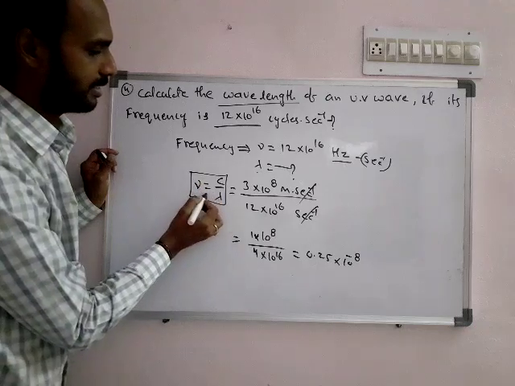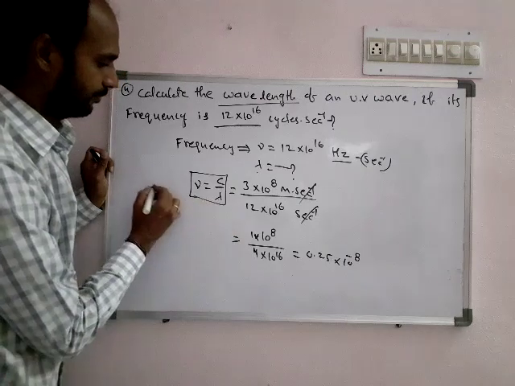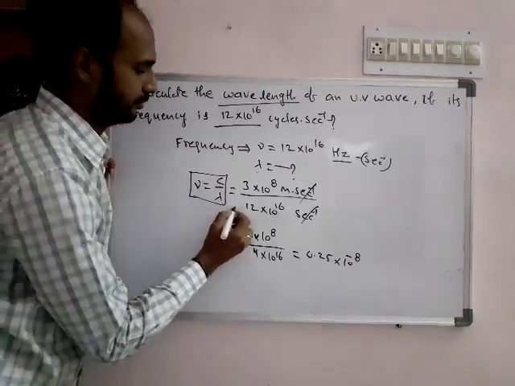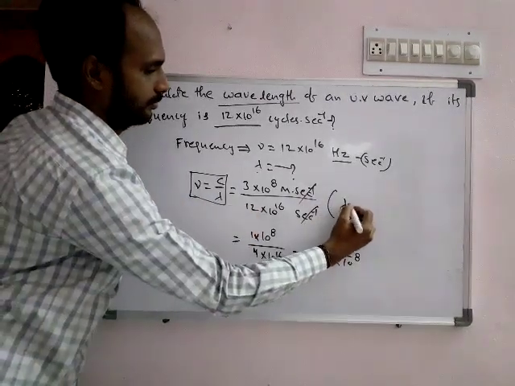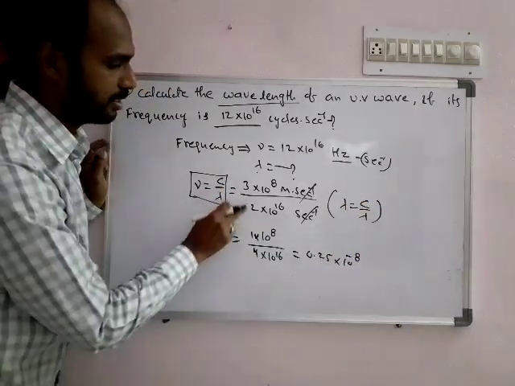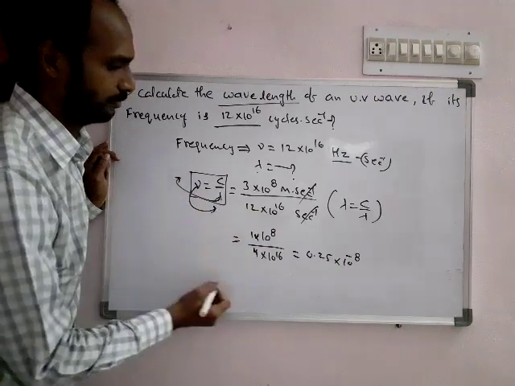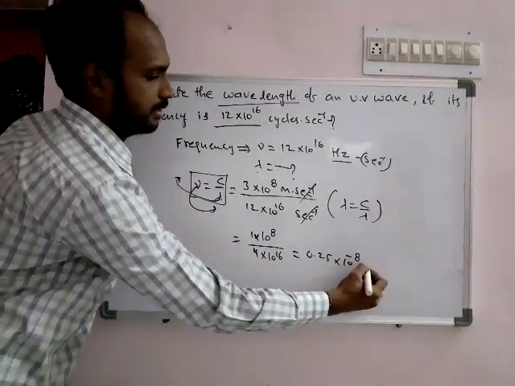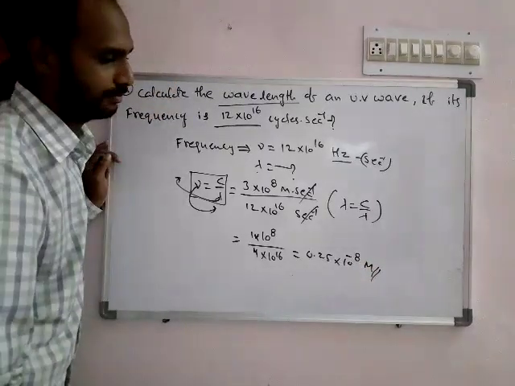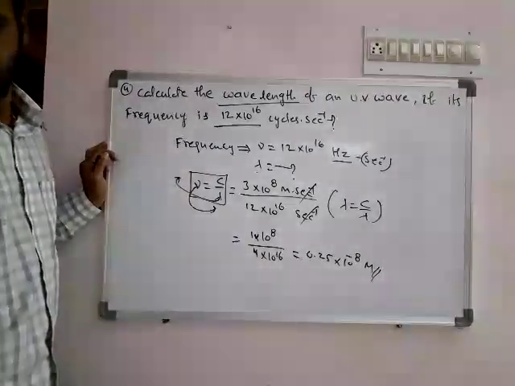Here we are calculating lambda, so lambda becomes c by nu. So now this is in meters. Okay, so this is the wavelength.